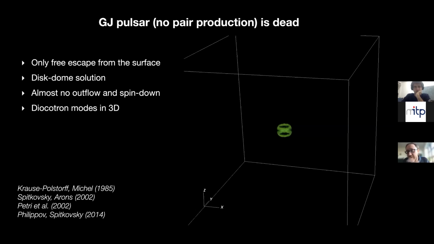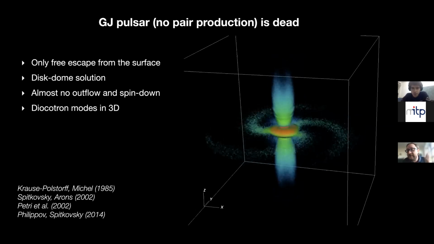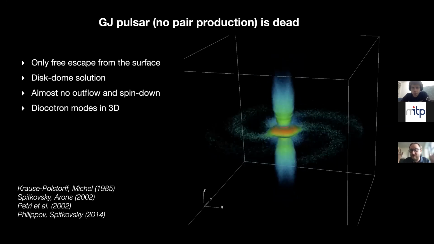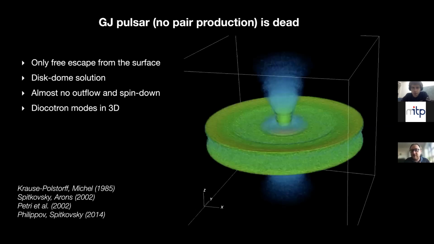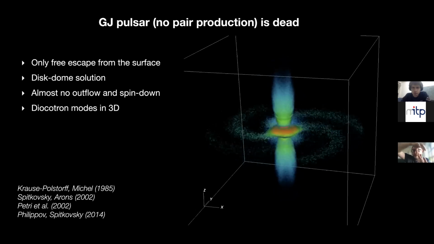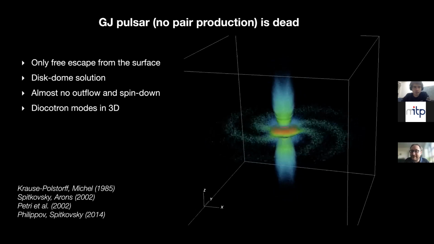However, if you literally take their assumptions and only allow particles to leave from the surface, the result is very different. Instead of this picture with open field lines, the charges flying away from the neutron star, the currents, etc., you get this very weird state where you have what we call a dome, a cloud of electrons on top of a neutron star and a cloud of positrons in the equatorial plane.